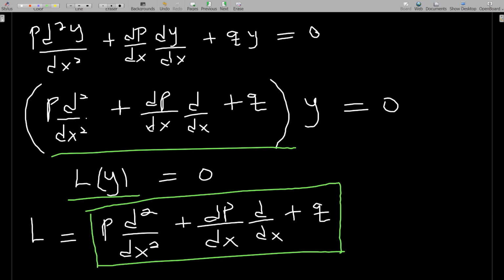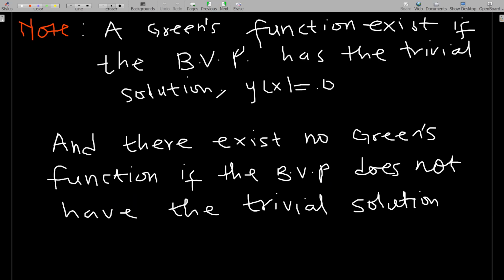Always, based on the question, you compare it to this, then you know your P, you know your dp/dx, and then you know your Q, so that you'll be able to use your individual P's and Q's wherever you are being asked of them. All right, let's continue.